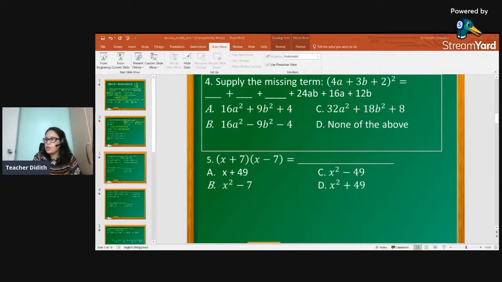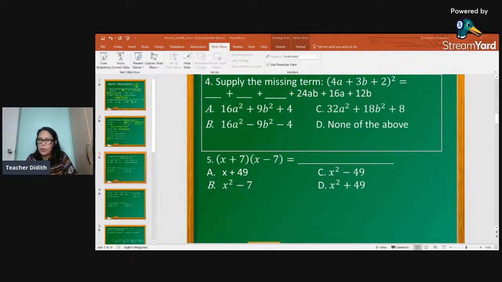In here, the first 3 terms are asked, no? So we have to work on the square of the first 3 terms. So this is the square of 4a, so we have 16a squared. The square of 3b, so we have 9b squared. The square of 2, 4. So we have A for number 4.